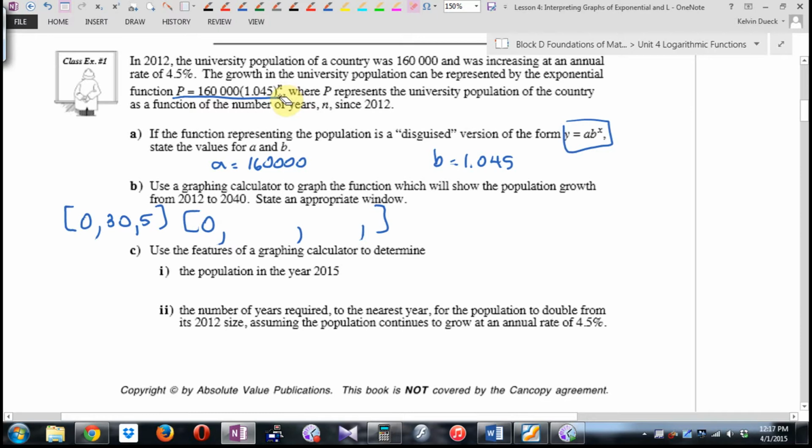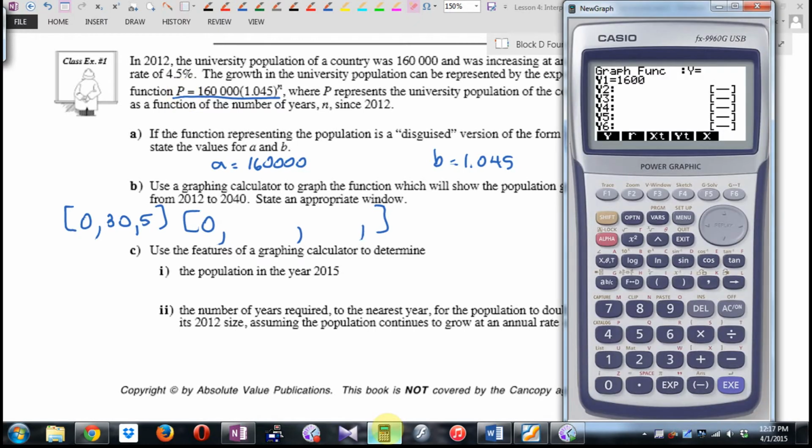X. Oh, and wherever I see a Y, what's that really going to be? P, population. So I'm going to go 160,000 times 1.4045 to the power of X.